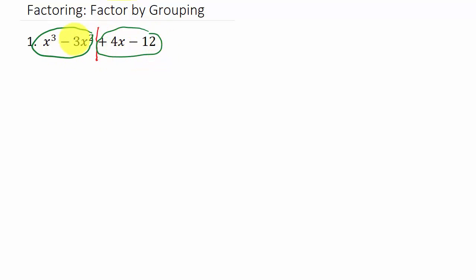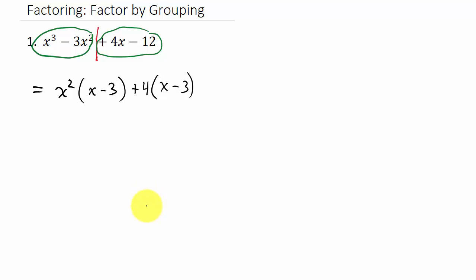In the first part we want to factor out the greatest common factor. You can see that we can factor out an x squared, and that leaves us with x minus 3. In the second part, factor out the greatest common factor, which would be a 4. If we factor the 4 out, that's going to leave us with x minus 3.